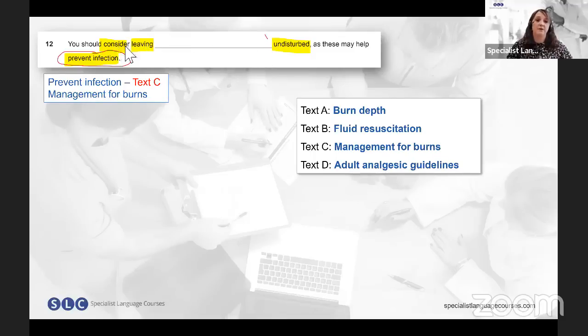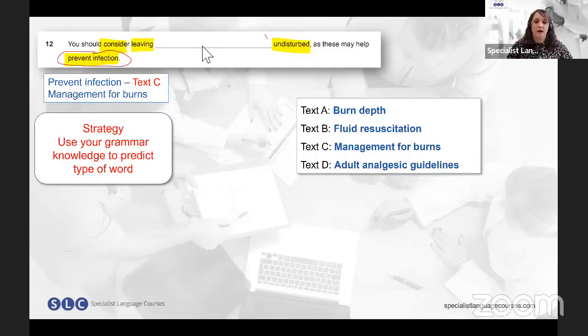We can see that we've got a verb phrase, and undisturbed is an adjective. So here we want to know what do you need to leave undisturbed? So we know that what is a thing, and we probably need a noun or a noun phrase. Now, as I've mentioned, it's really important that you read the keywords before and after the gap, as this can also help you to choose the right word.